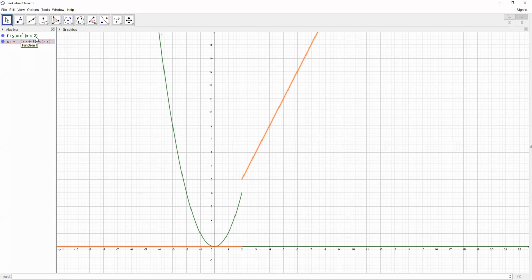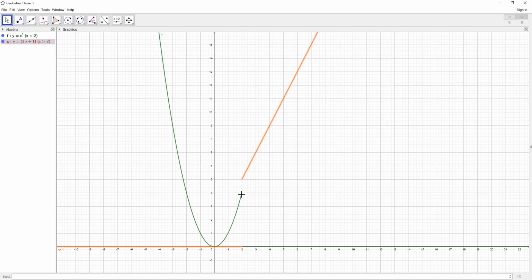I think what this does is, as long as x is less than 2, it gives you x squared, and if x is greater than 2, it multiplies that by 0, and then you end up with the function just being 0 there. So it's the green curve here.